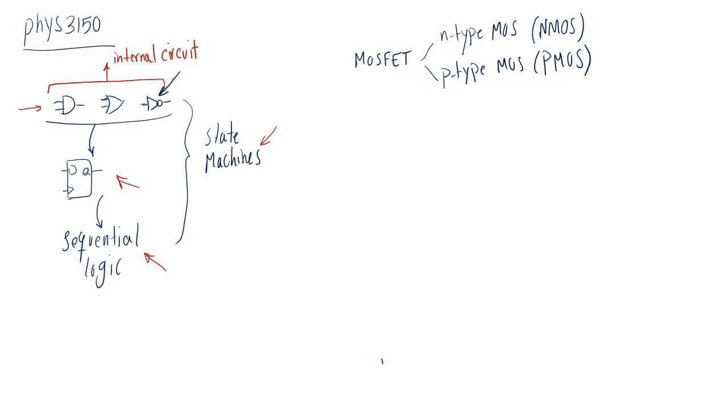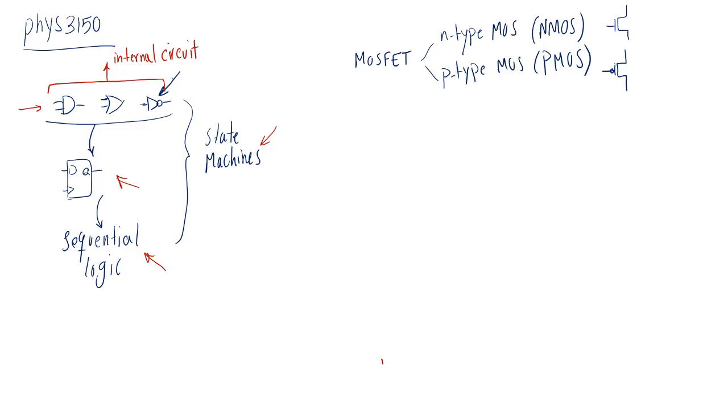In terms of symbols, both NMOS and PMOS are 3-terminal devices, and they're actually 4-terminal devices. We're not going to talk about the 4th terminal in this course because it's not going to be used much. So we're just going to talk about the 3 terminals.